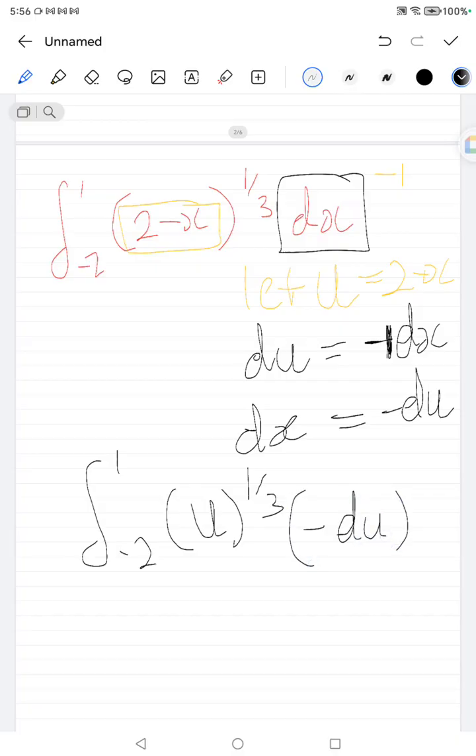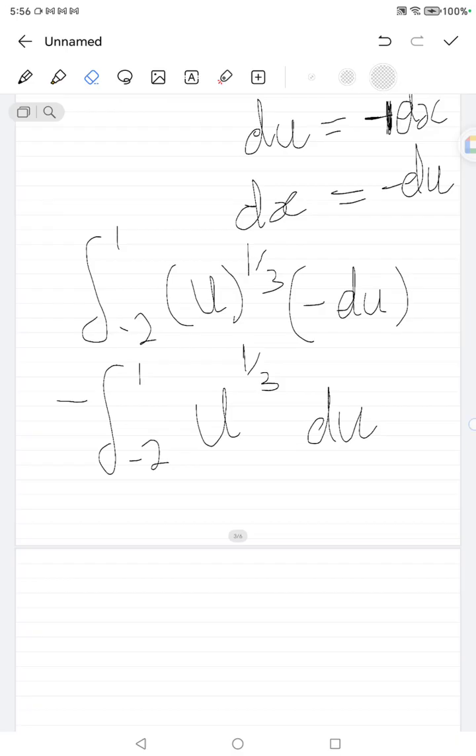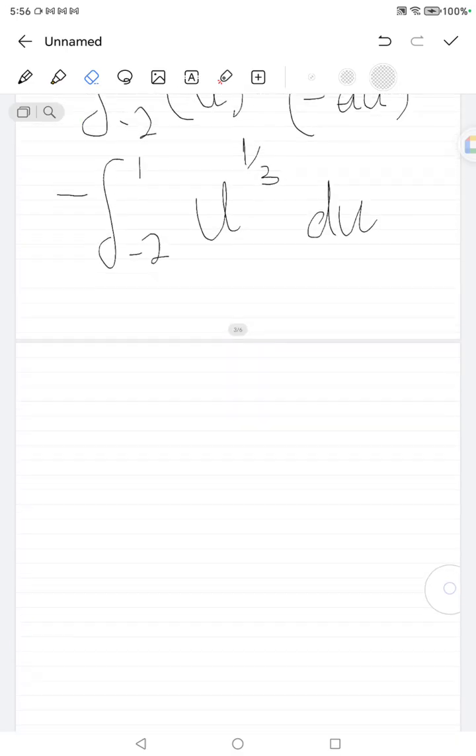But now this minus, we can just take it to the other side to work with whatever we have, then bring it back later when we are done. We have 1, we have minus 2, we have u, to the exponent 1 over 3. Then we continue. We still have that du, but whatever you do, don't forget that negative that you have on the other side.